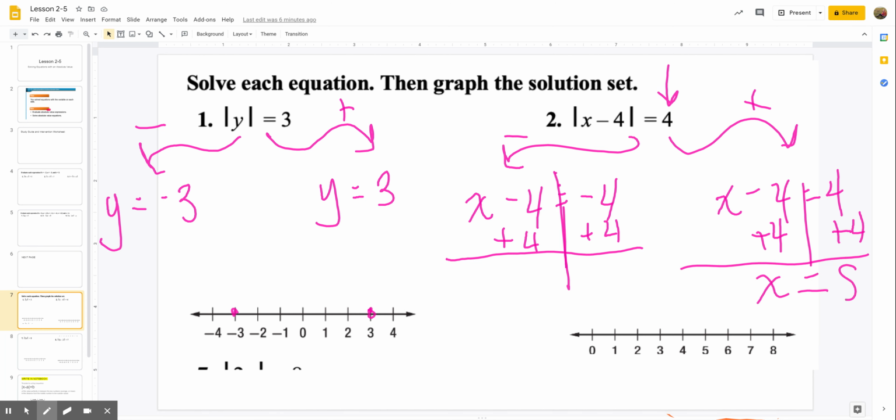So now we get x equals 8 and x equals 0. 4 minus 4 is 0. 4 plus 4 is 8. And then you'll just graph them on your number line. And that's it. That's how you do those problems.